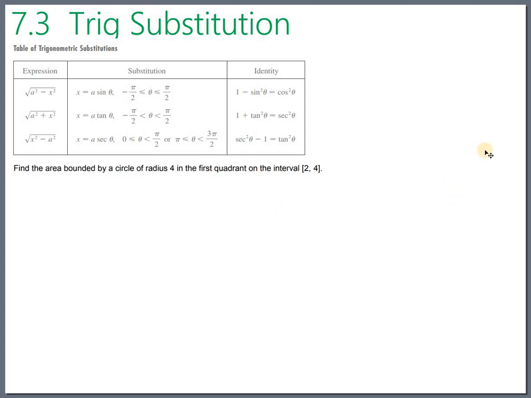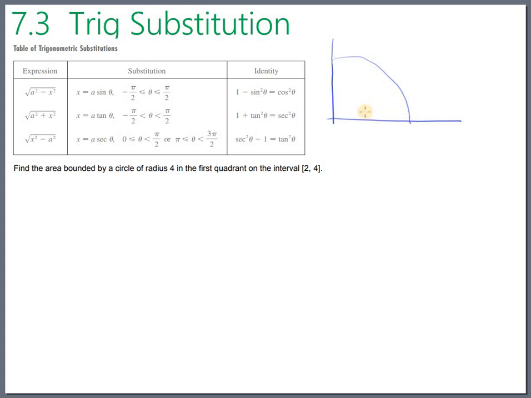So let's start with this one. Let's just say find the area bounded by a circle of radius 4 in the first quadrant on the interval from 2 to 4. So first of all, let's get a little sketch of what is going on here. We've got a circle of radius 4.